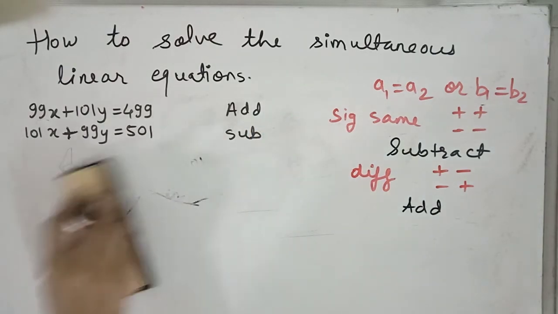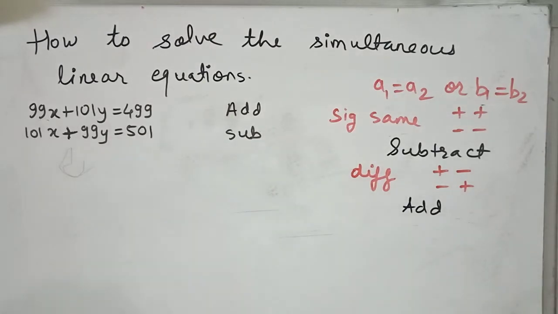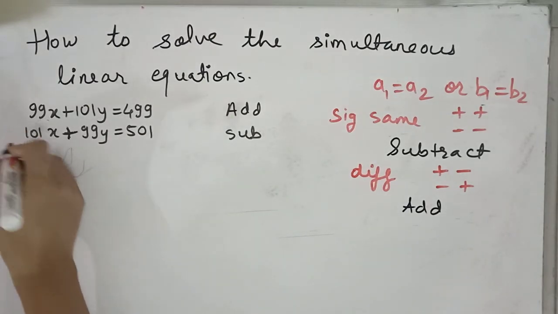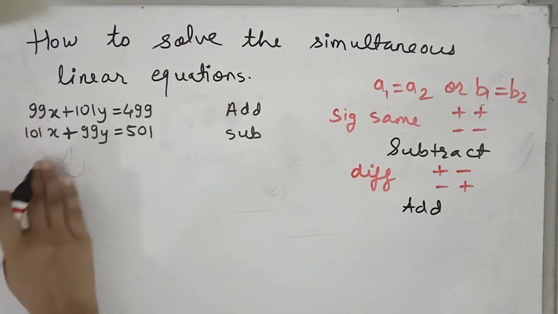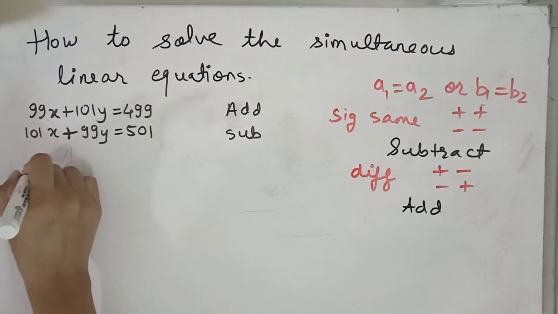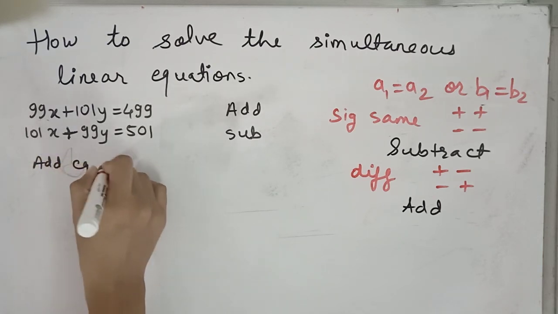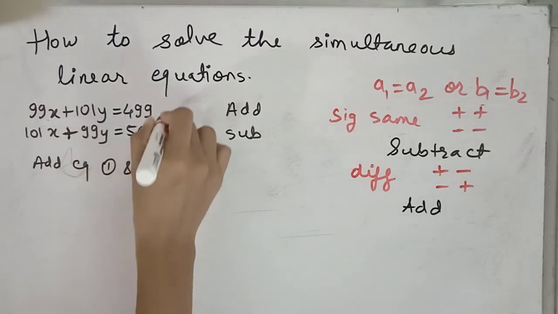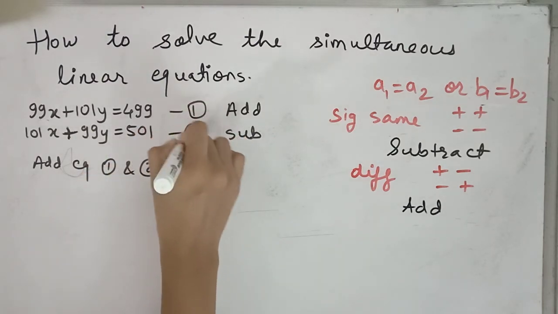Now what we will do is first we will add the equation. So add equation 1 and 2. This is equation 1 and this is 2.